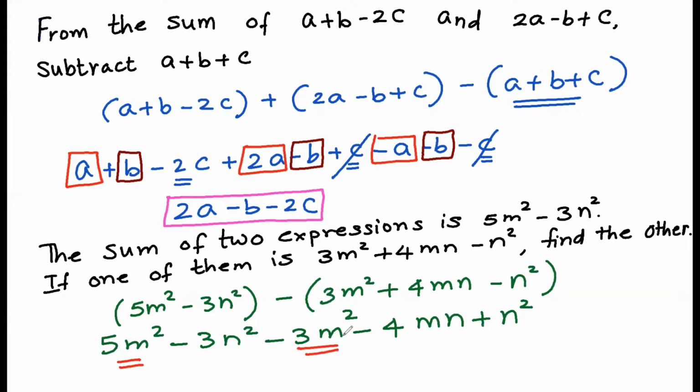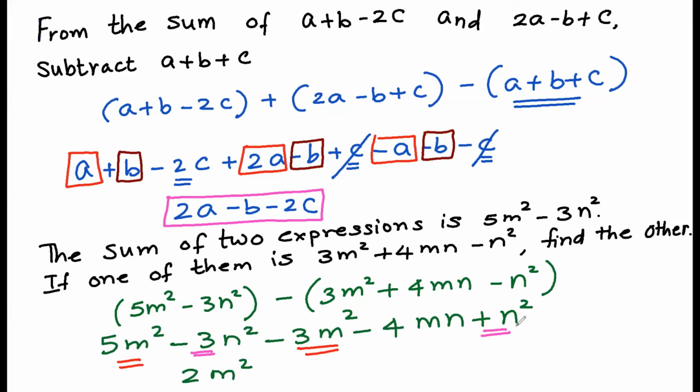And so 5m squared minus 3m squared is 2m squared. I also see two n squared terms. So I see negative 3n squared and positive 1n squared. So be careful again.